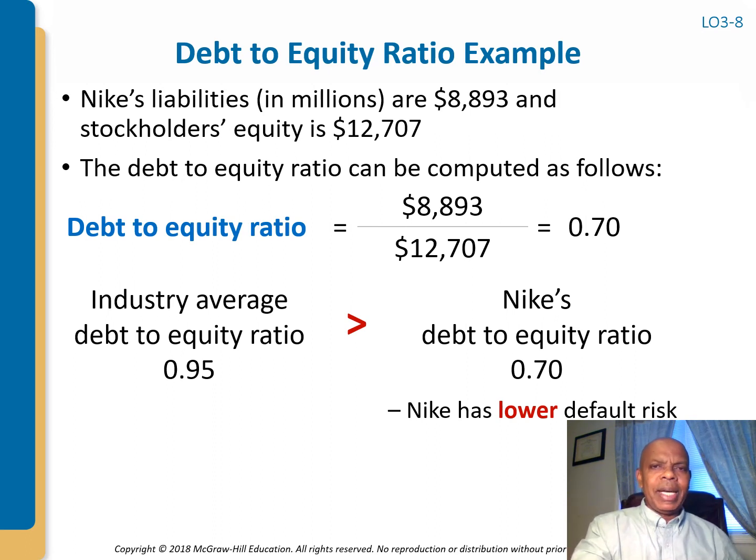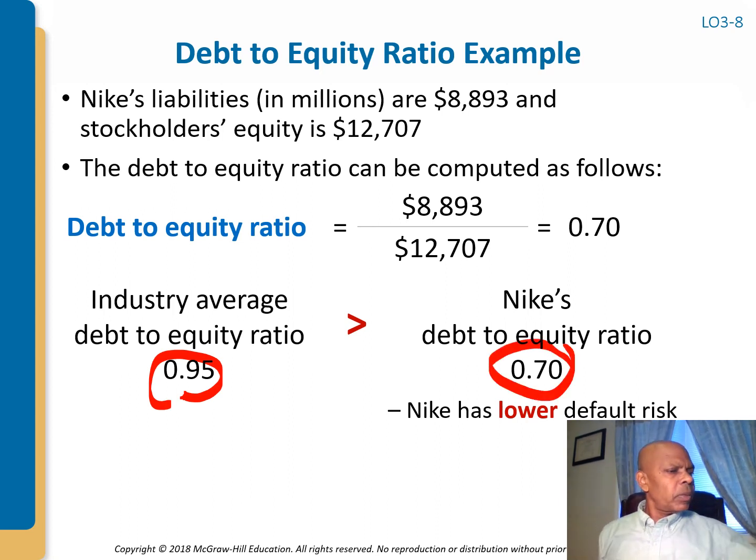You have a debt of $8,893 divided by your equity. They are in better shape, 0.7. Now the industry average is right here, 0.95. Nike is better over here as well. So you can see that Nike has a lower default risk.